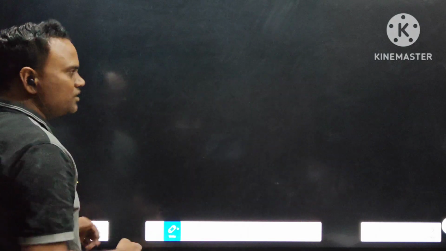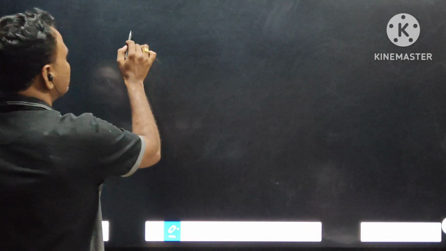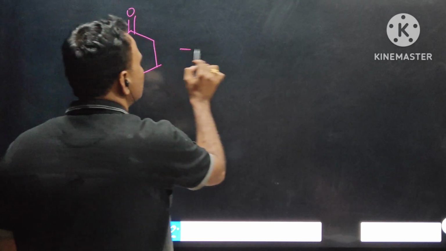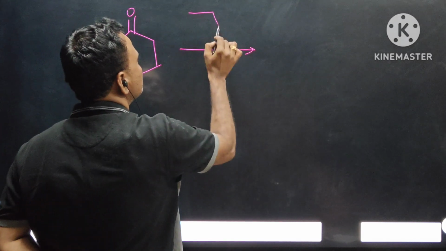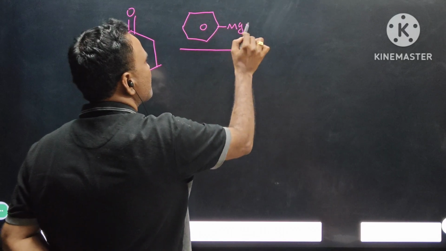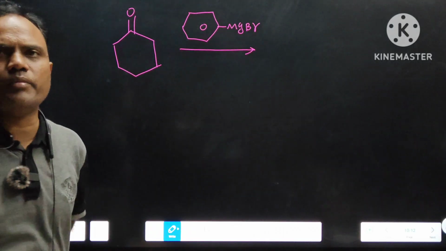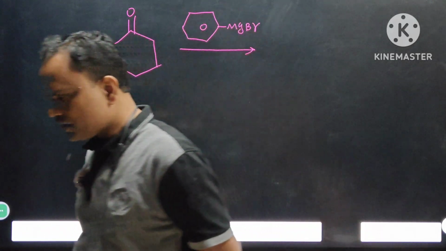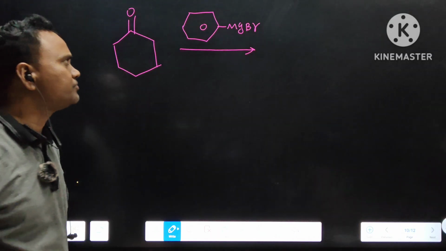I am taking another Grignard reagent. Every time I am giving methyl magnesium chloride only; now I will change the Grignard reagent, and I will change the carbonyl also. I will take a cyclic one, cyclohexanone, with phenyl magnesium bromide, or maybe anything, RMgX, alkyl or aryl also.